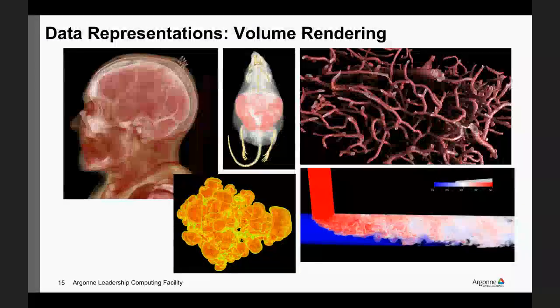I may know that the density of bone is in a particular range, and so I can assign a color and transparency appropriate to that range of data values to signify bone versus other tissues and muscle and whatnot. And so by knowing the range of those density values, I can assign different colors and transparency levels to each of those.